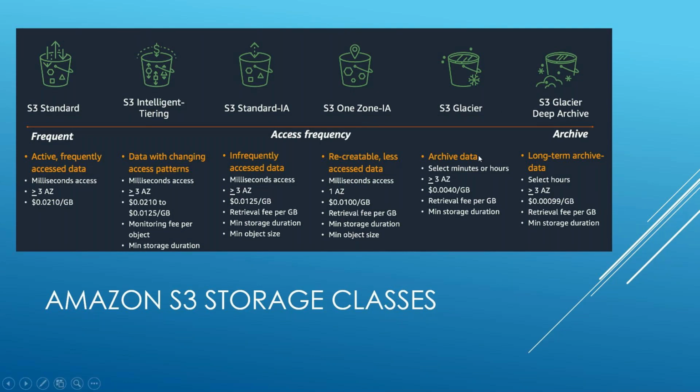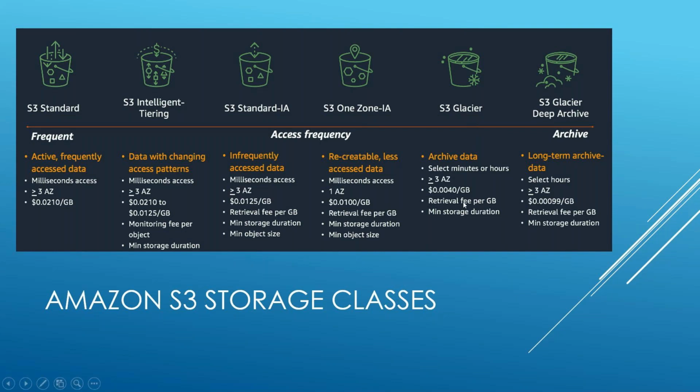S3 Glacier is used for archival data, that means for long-time data preservation. It is suitable for storing old files like customer records or project files, that is older versions, and it archives the objects to reduce storage space.